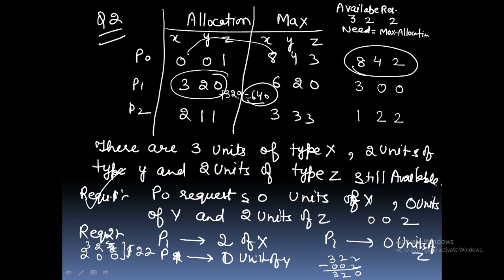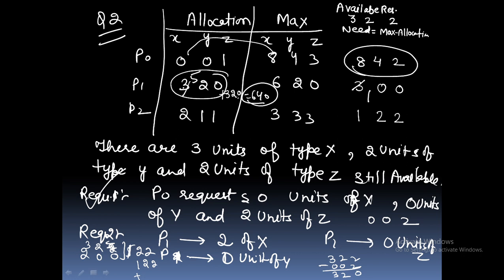It completes its execution and then frees up the instances of resources held by it. 122 plus the allocation, because here now these are changed, 520 and this is 100.